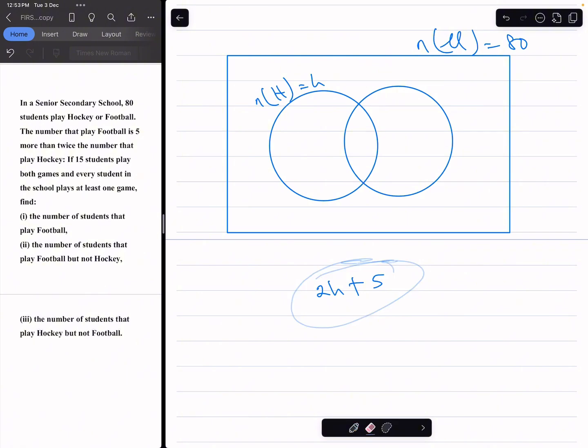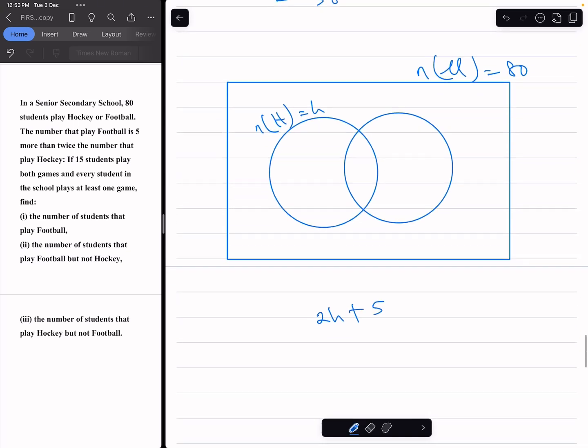That simply means the number of elements in the set F is equal to 2H plus 5.